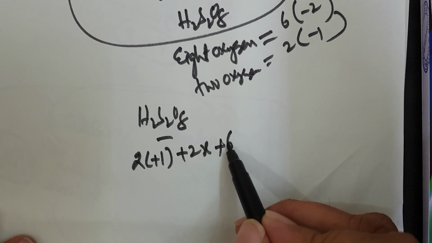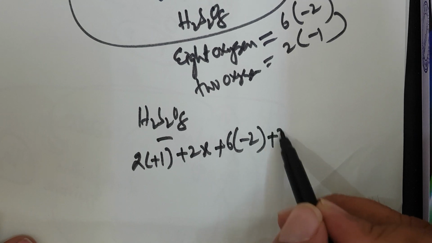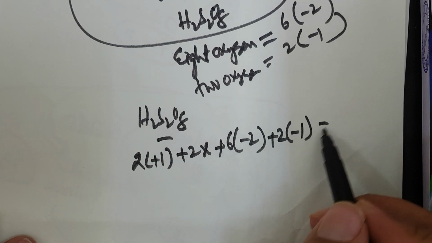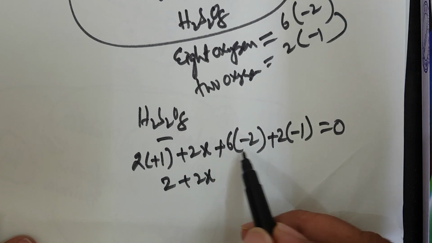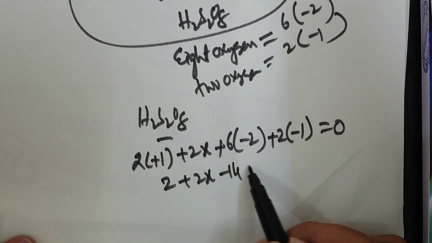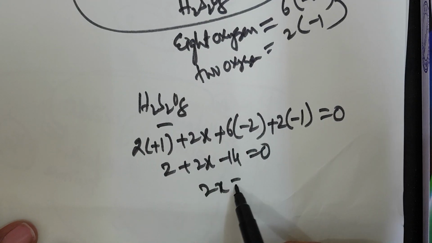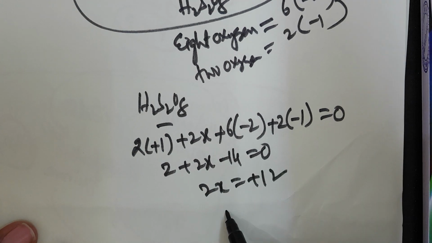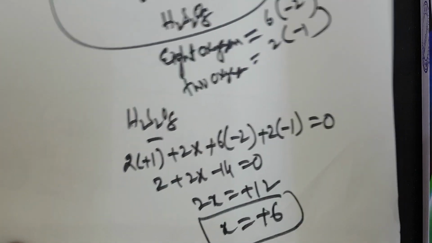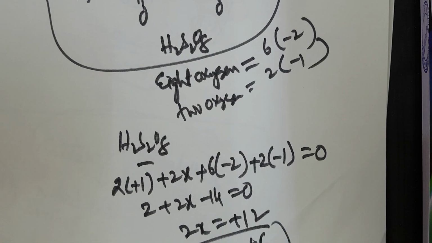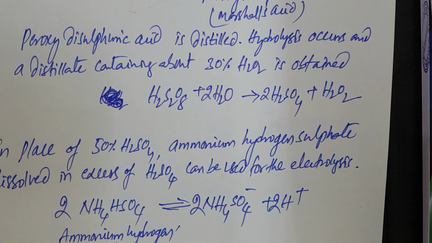Out of 8 oxygens, 6 show -2 plus 2 show -1, equal to 0. 2 plus 2x minus 12 minus 2, that is minus 14, equal to 0. 2x is equal to +12, x is equal to +6. So in this, the sulfur oxidation number is what? Plus 6. This is also a very important bit.